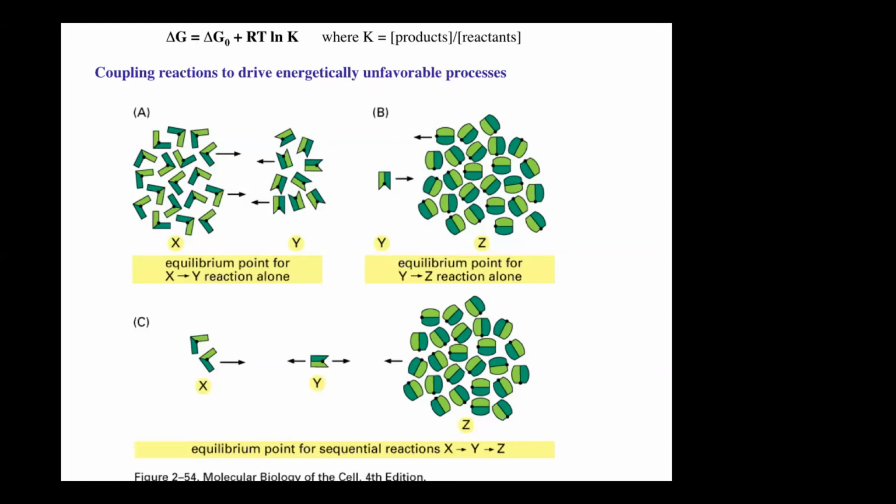So some X's will convert into Y's, some Y's will back convert into X's. And when you're left there, you have more X's than Y's, right? So the delta G is more negative going from Y to X than it is from X to Y, okay? All right, that's hopefully completely simple.